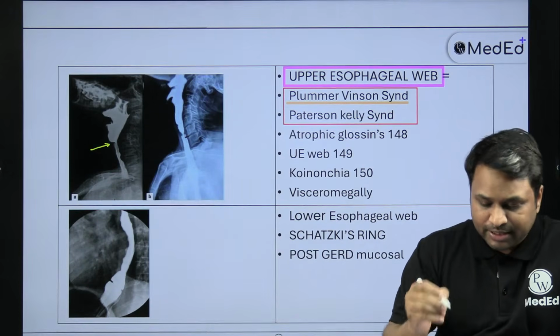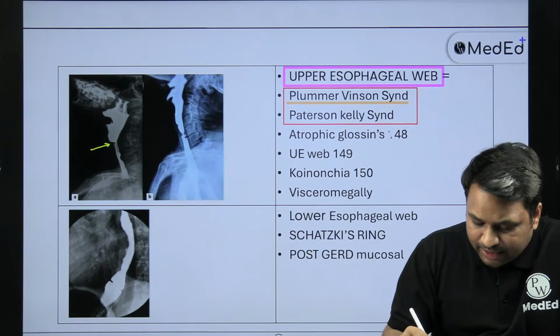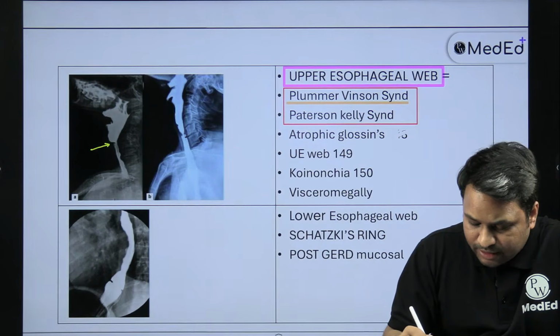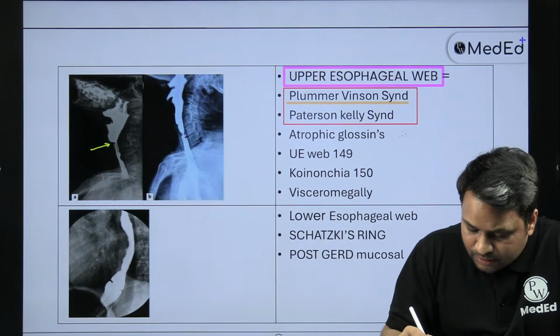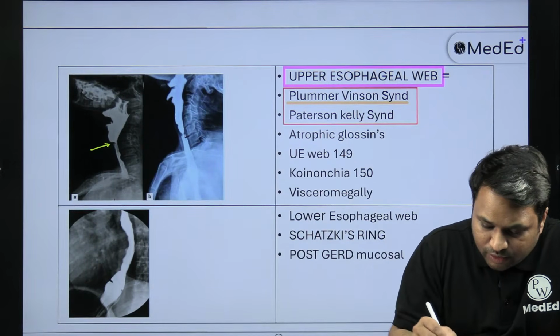So what are the components that it is actually associated with? Now, when you look at this, it is associated with number 1, atrophic glossitis. Small correction here. It is atrophic glossitis.